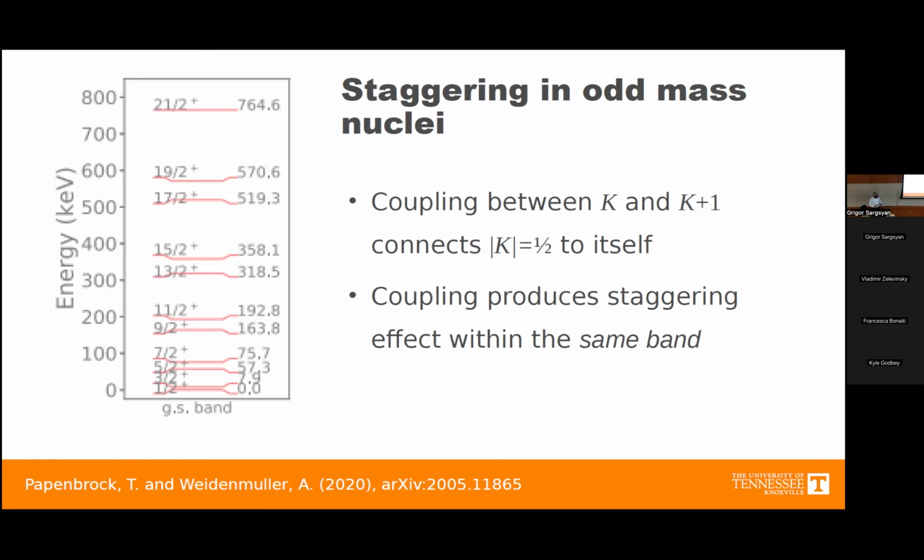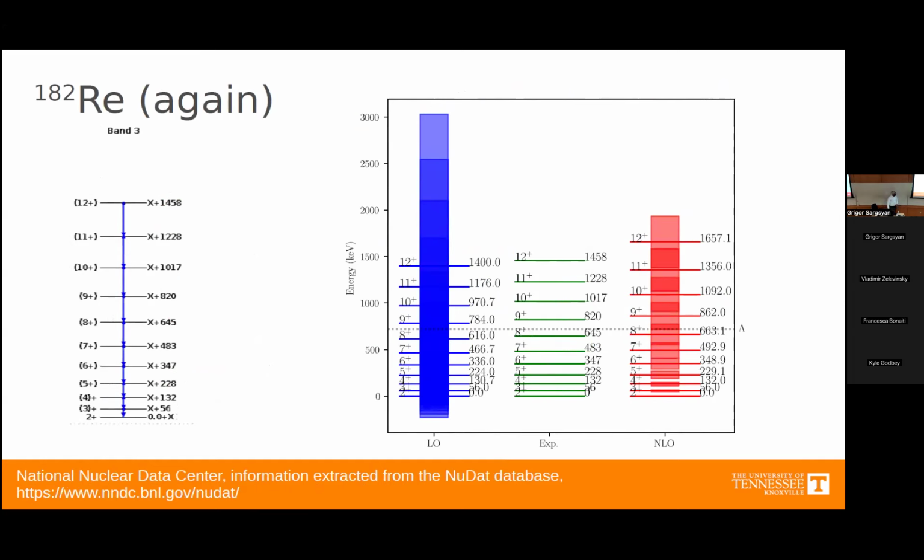but really odd nuclei. So coming back to the example that we looked at a little bit earlier of rhenium 182, we've formed a description here of this third rotational band here.